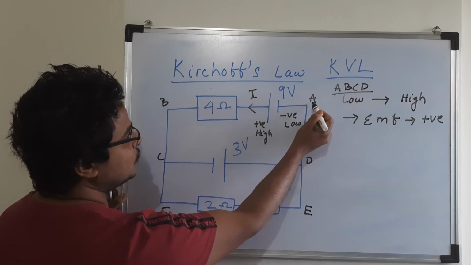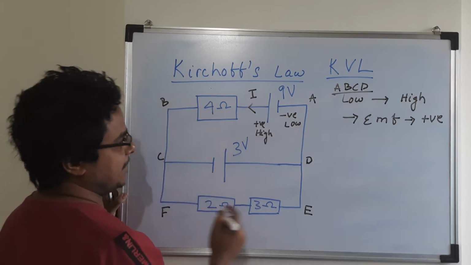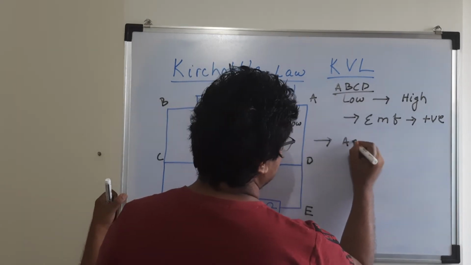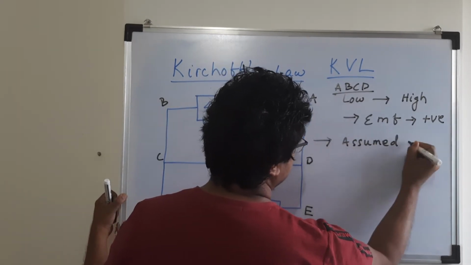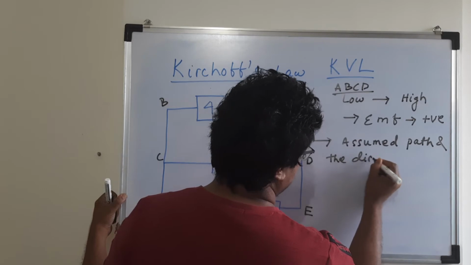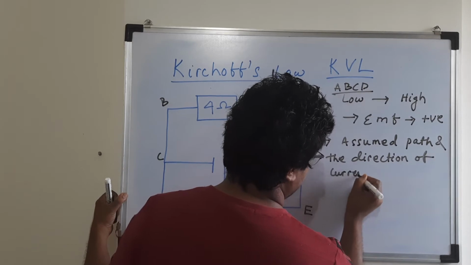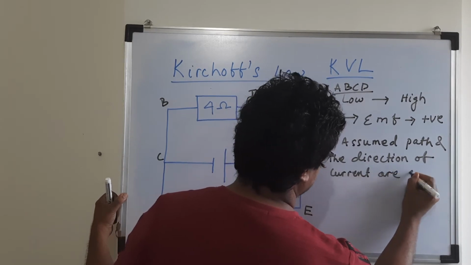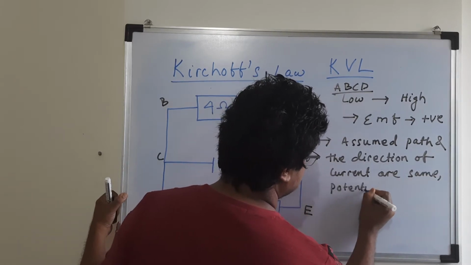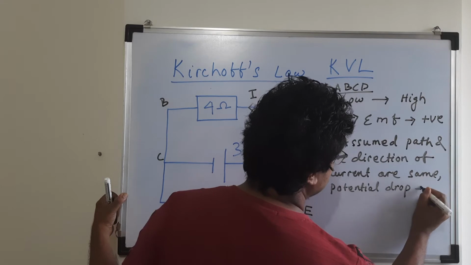So my assumed loop is A to B, and the current direction also I consider from A to B. So if they are same, so what I said, the second point that we need to understand, focus on: if the assumed path and the direction of current flow are same, then the potential drop you consider to be positive. Potential drop is considered to be positive.